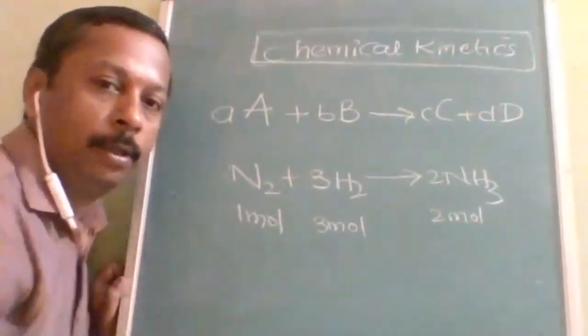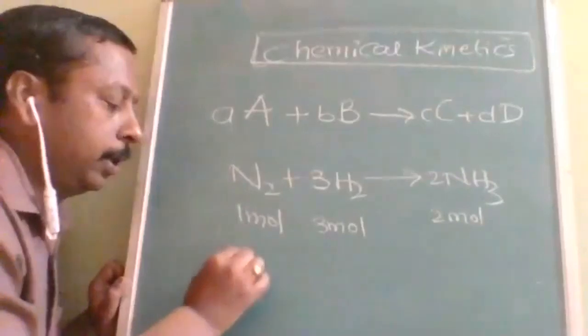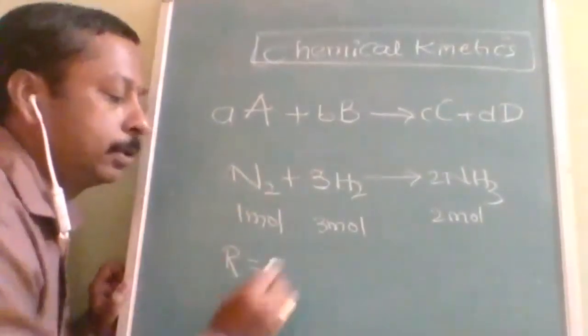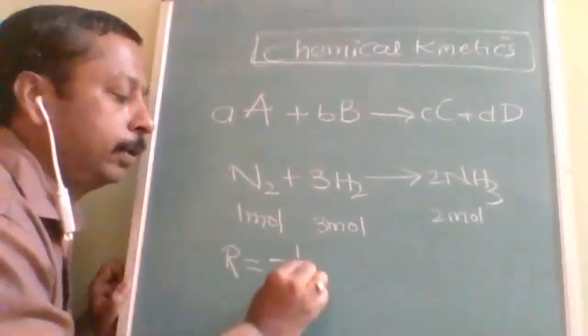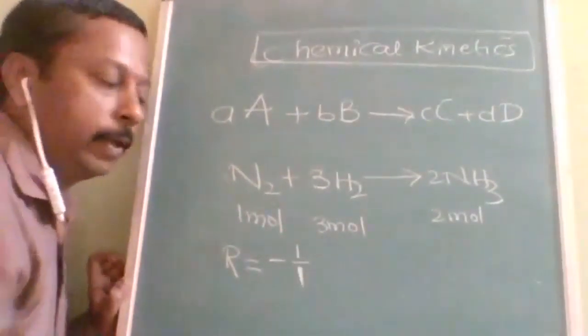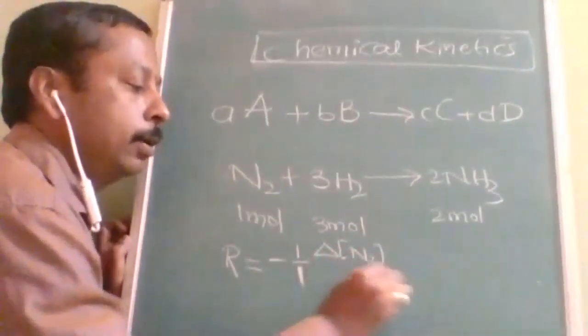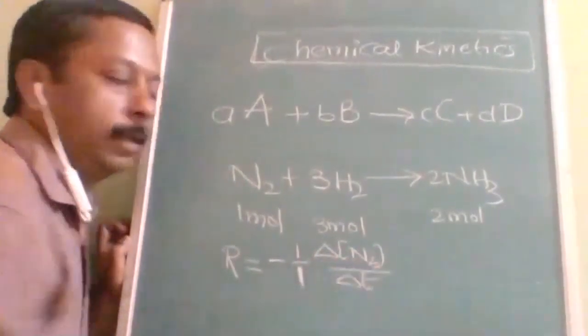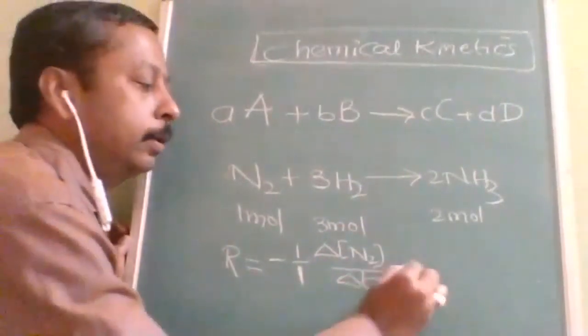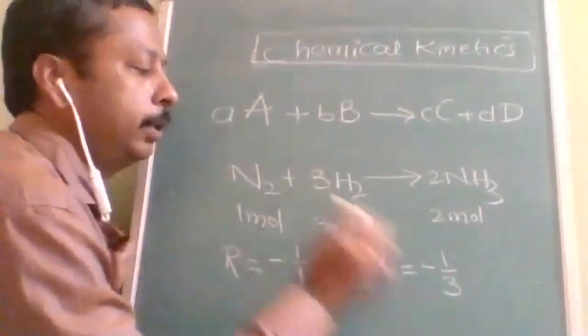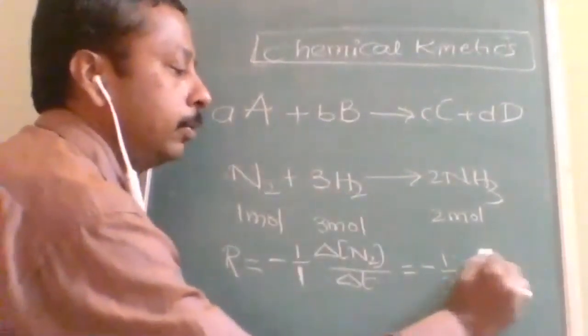Is it understood? So for this, rate of reaction is equal to, for the reactant it will be minus, and minus 1 by 1 delta, change in concentration upon change in time. Is it understood? In the same way here also, minus for reactant, and the coefficient 3 will be divided.